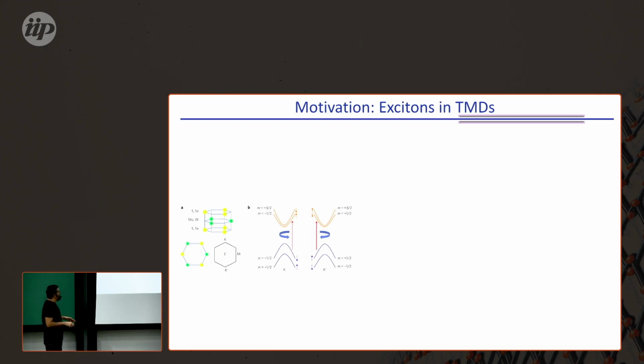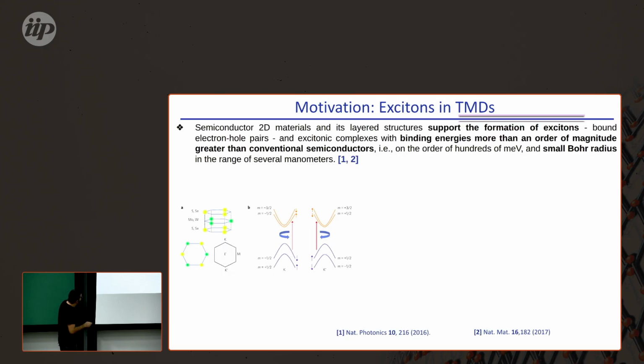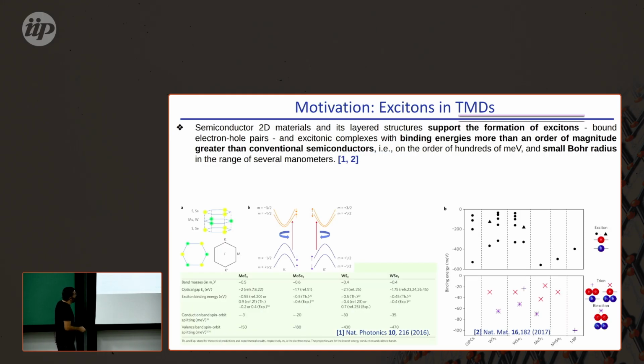A very interesting feature for this talk is that TMDs host excitons and other different kinds of complex excitons, like trions, that is, charged excitons, and biexcitons. And unlike standard semiconductors, the binding energy is at least 1 order of magnitude larger than in conventional semiconductors.